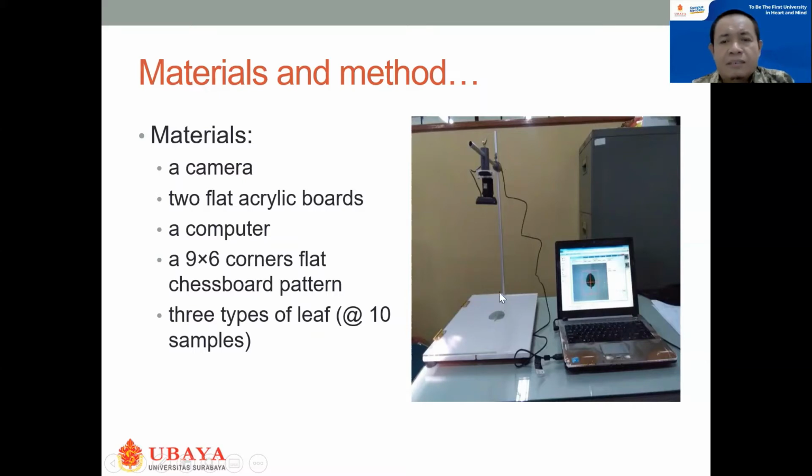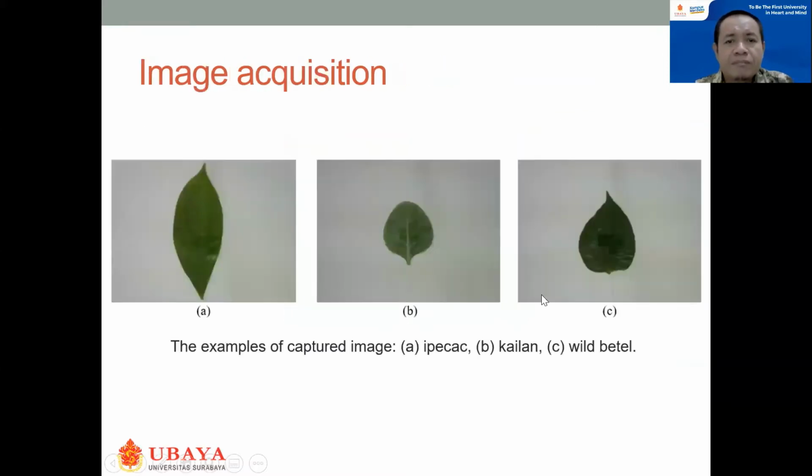And then the camera captures the image, and the result is an image in JPEG format. And then the image will be processed to measure the geometric properties of the leaf. So these are examples of captured image. This is for Ipecac, Kailan, and white beetle.